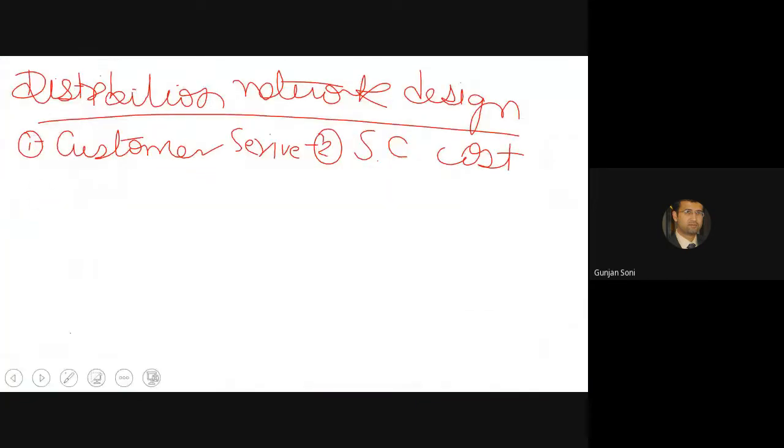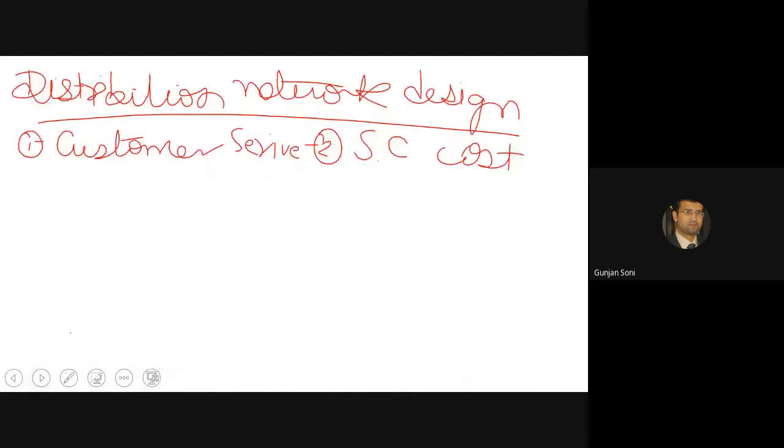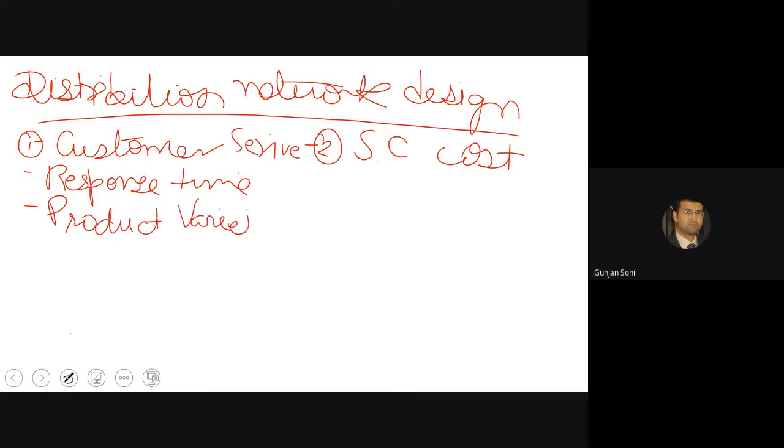Okay, so what are the characteristics of customer service? We can say response time, which is required by the customer. The second one is product variety, which is required by the customer. Third one is product availability.